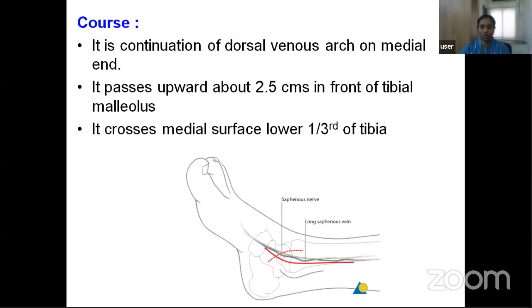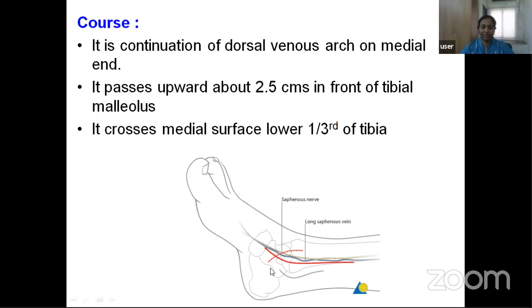Now coming to the course of this vein, the great saphenous vein starts from the medial side, from the dorsal venous arch. It extends upwards 2.5 centimeters in front of the tibial margin. This point is one of the very important surface landmarks. What is the importance? We are going to discuss when we go to the upper aspect.